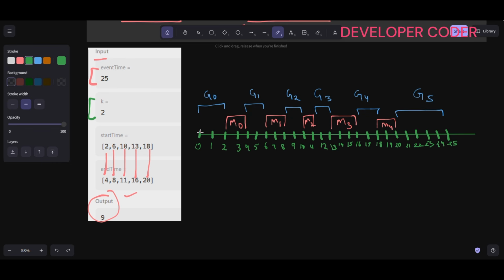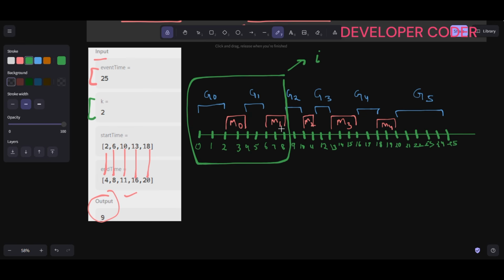All right, so now how am I going to solve this? First you have to start from here only, right? First you have to take these two meetings, in this range. So what is the ending point?